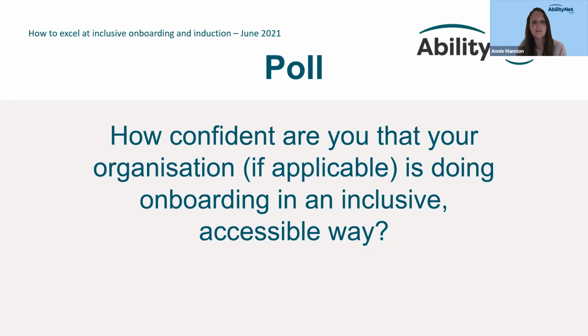Then next is not at all confident, my organisation needs to make major improvements, that's 11%. I don't belong to an organisation, is 5%. And then an amazing 1% of you are very confident we have fully inclusive, accessible policies and procedures. Well, Daniel and Rena will share some really great pointers with you for how you can make improvements. So over to you both.